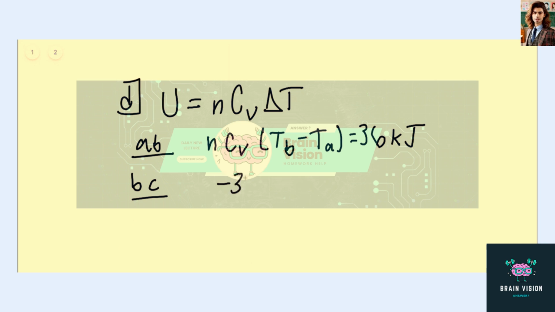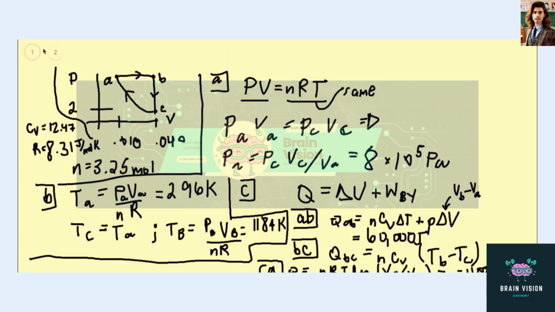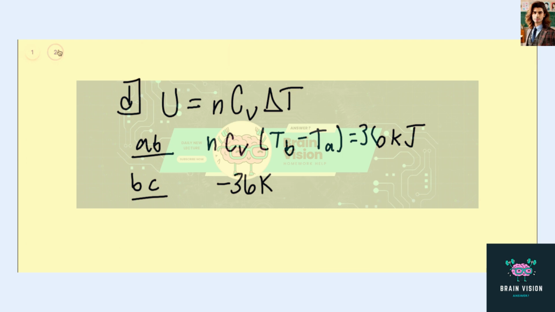So minus 36 kilojoules. Since it's isothermal, T at A equals T at C, so it's the same calculation but reversed: T at C minus T at B. And for C to A, of course, if it's isothermal, then delta U equals 0. Okay, awesome. Kilojoules.